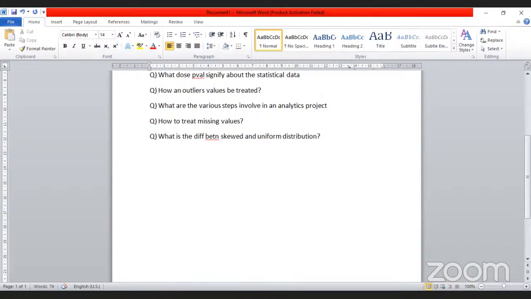Take some time, think about it, and let me know what is the difference between skewed and uniform distribution.